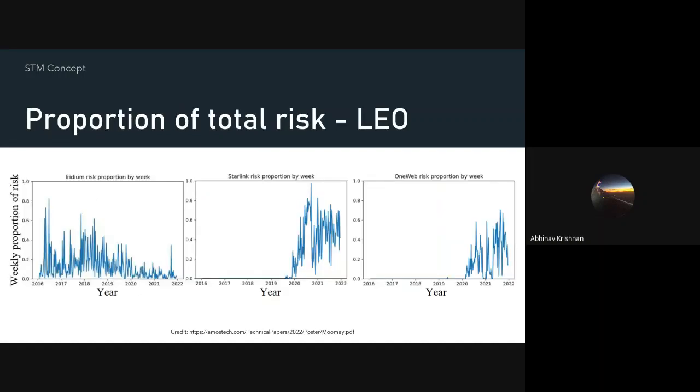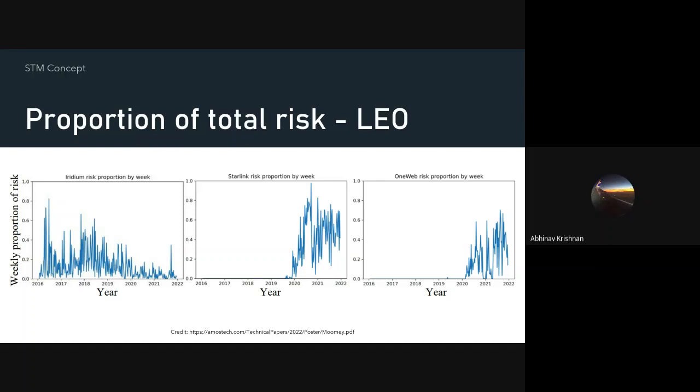Okay. Having said that, let's look at the LEO environment specifically. Yes, there is a GEO problem as well, but there is a LEO environment which is significantly populated, and these are the three mega constellations that existed, and now there are more cropping up. But this is until 2022.